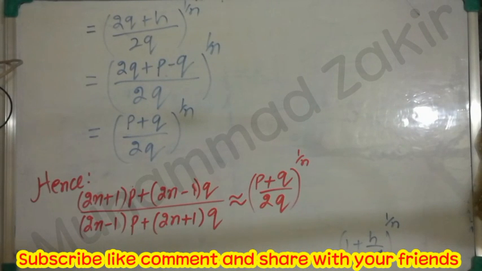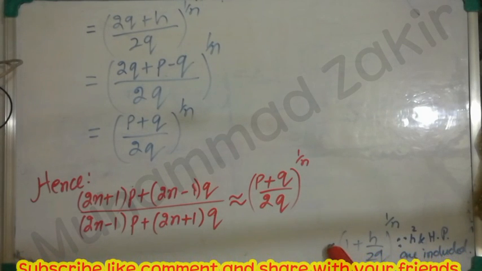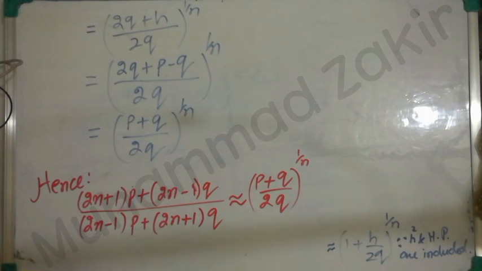Here is the approximation sign. This is because h square and higher powers are neglected. So due to this approximation sign, we write the left hand side is approximately equal to the right hand side and it completes the proof.